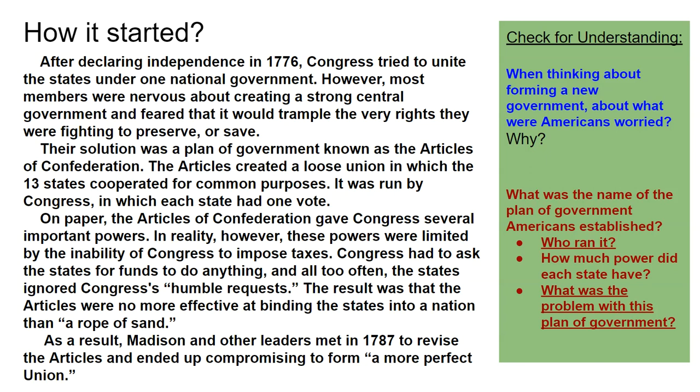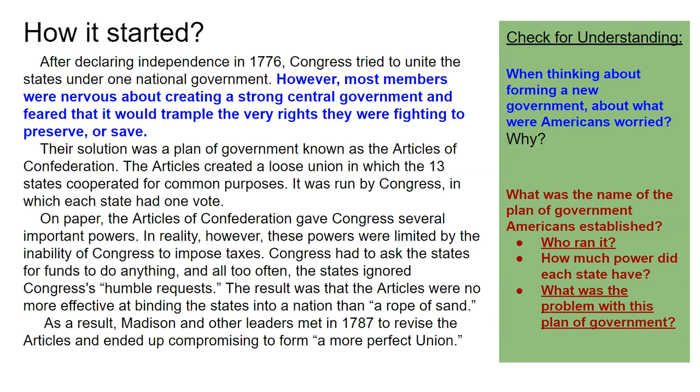The result was that the articles were no more effective at binding the states into a nation than a rope of sand. As a result, Madison and other leaders met in 1787 to revise the Articles and ended up compromising to form a more perfect union.